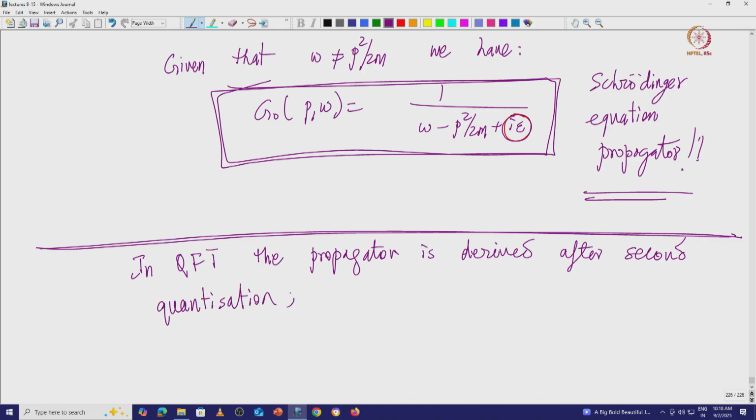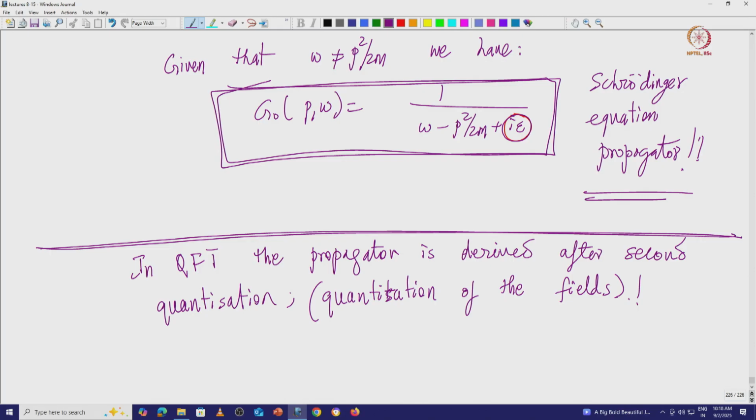Second quantization is nothing but quantization of the fields, it is a misnomer.